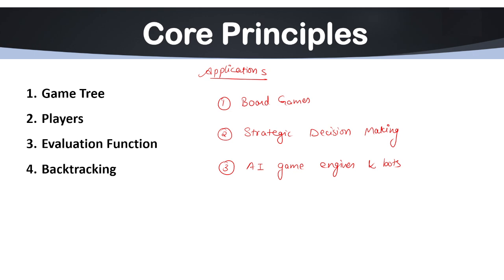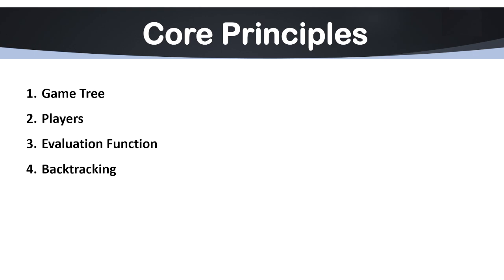Other than these applications, I will share with you some benefits of using the min-max algorithm in AI. First benefit is optimal decision making, which we have discussed so many times in the session. Let me write it here quickly. Another is simplicity. This process is very simple and intuitive. That means this algorithm follows a clear and straightforward process.